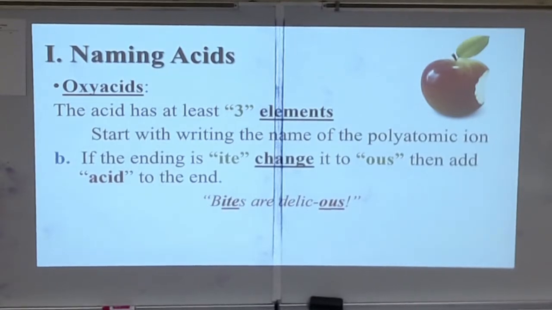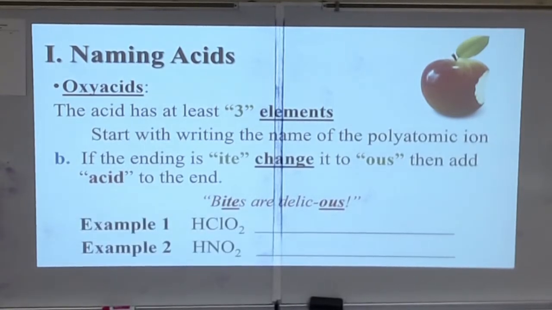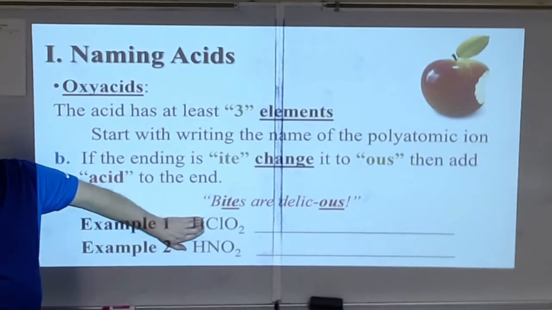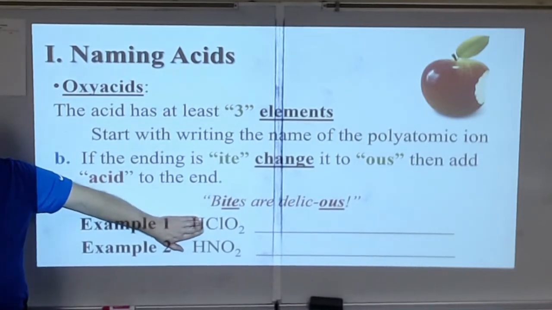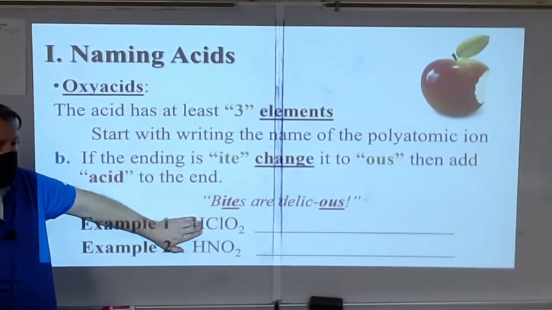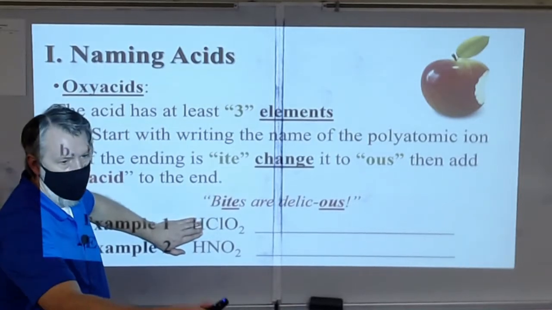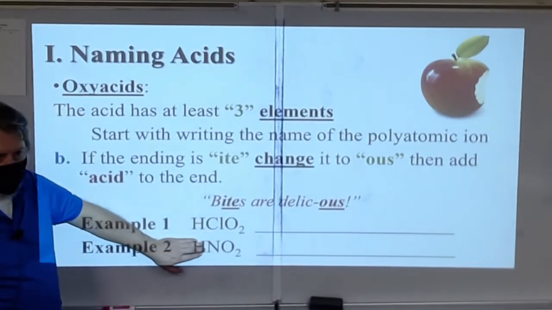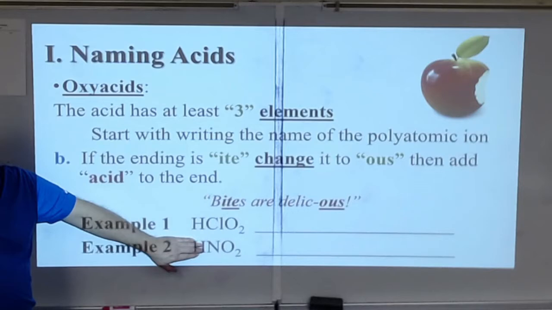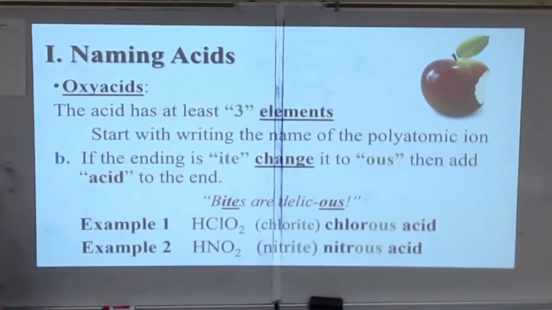Okay. An example of this is ClO2 is chlorite. So we're going to change this to chlorous acid. How about NO2? NO2 is nitrite, so nitrite to nitrous acid.